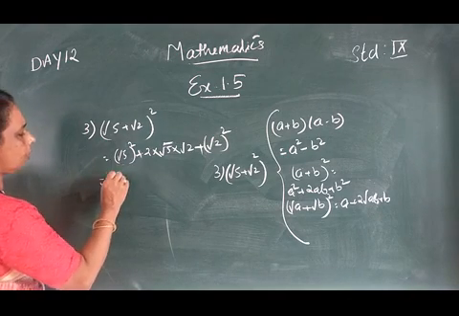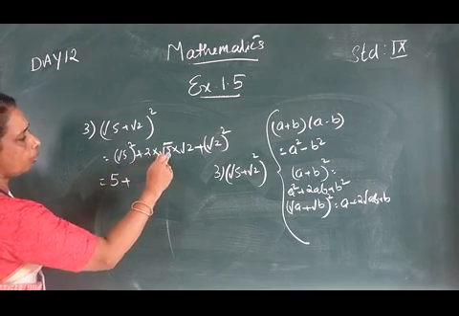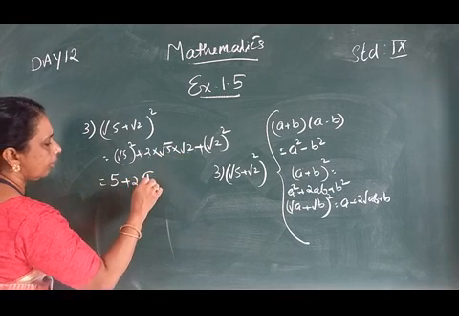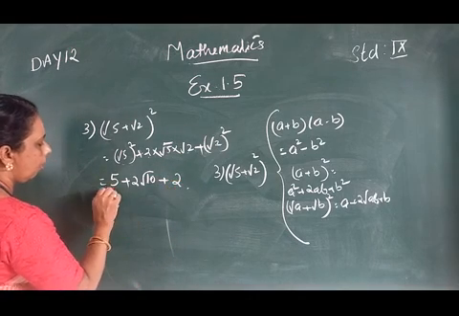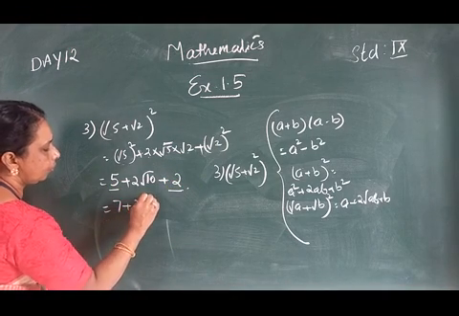We get root 5 the whole square, that is 5, plus 2 into root 5 into root 2, 2 root 10, plus root 2 the whole square, 2. 5 plus 2, 7 plus 2 root 10.